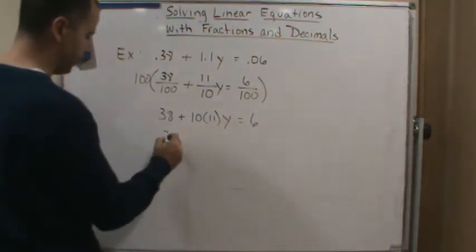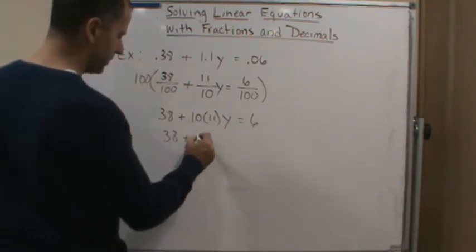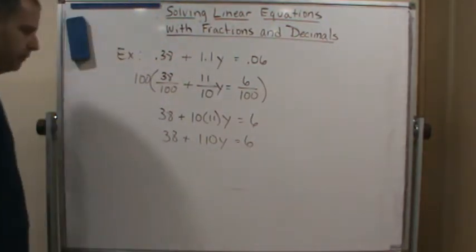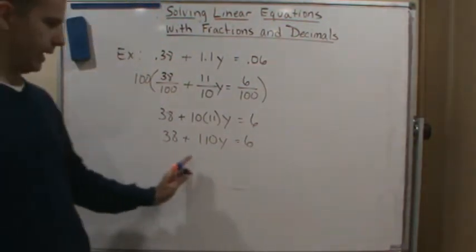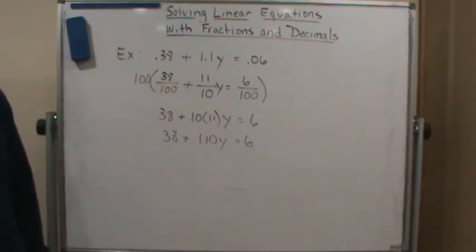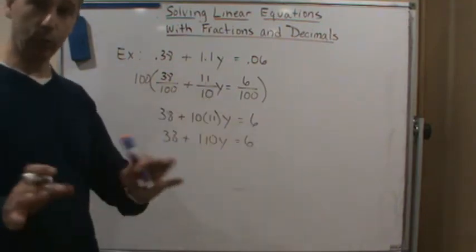And so finally I would end up with 38 plus 110y equals 6, right? And then of course from here, I know how to solve this, right? Using the steps of solving linear equations, right? So that's fine, that will work.